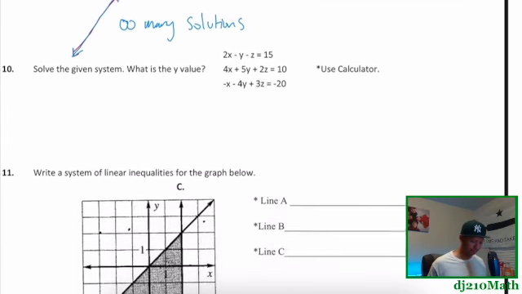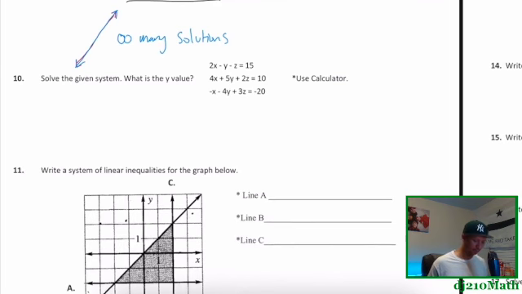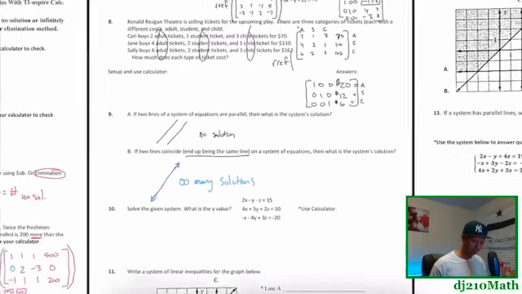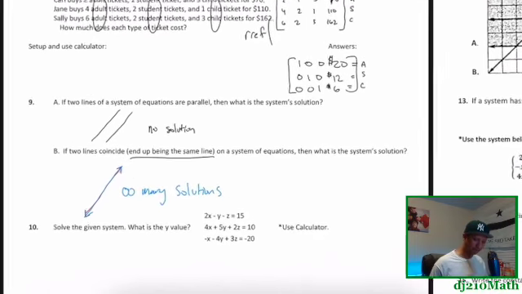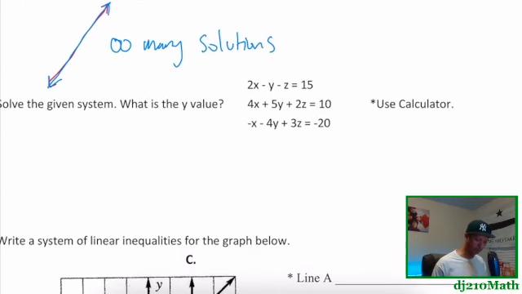Number 10. Solve the given system. What is the y value? Use a calculator. Well, this is just like the problems we did up here, but even better because there's no word problem. All the x's are lined up, all the y's, all the z's, and all the answers to the right.